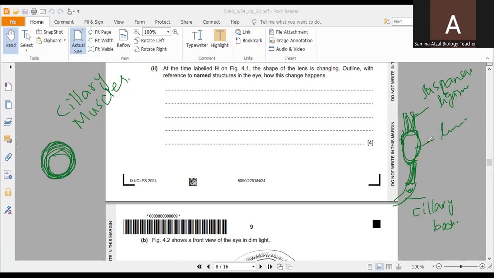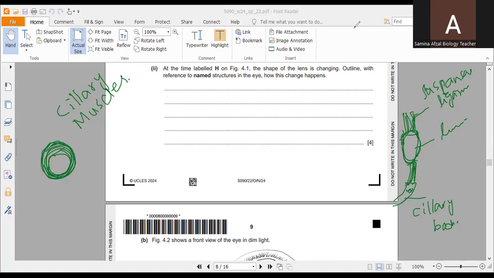When these ciliary muscles contract, what happens when they contract? At that time, the suspensory ligaments relax. It means the eye is observing the objects which are very close to the eye.